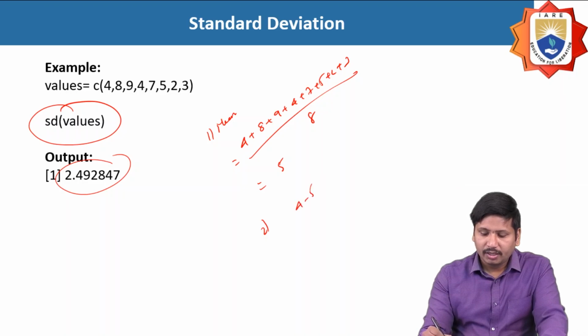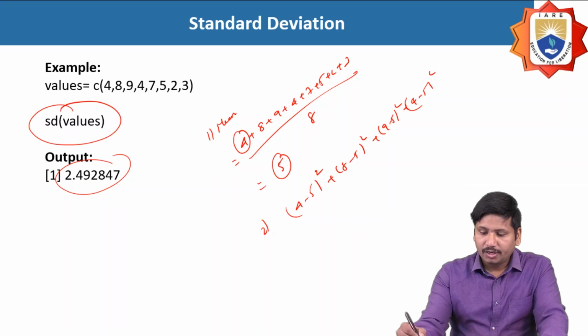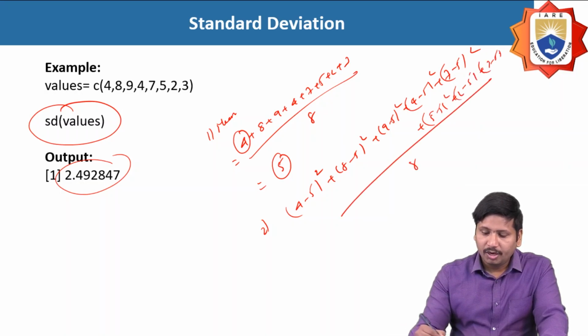What should be the second step? We have to calculate for each value: each observed value and the mean value are subtracted and then squared. So 8 minus 5 whole square, 9 minus 5, 4 minus 5, 7 minus 5, 5 minus 5, 2 minus 5, and 3 minus 5 whole square, divided by the number of values.